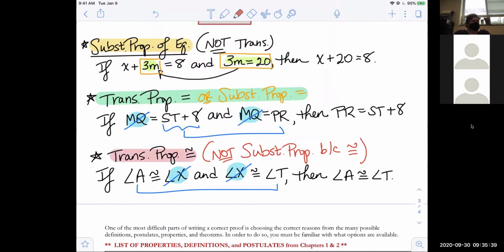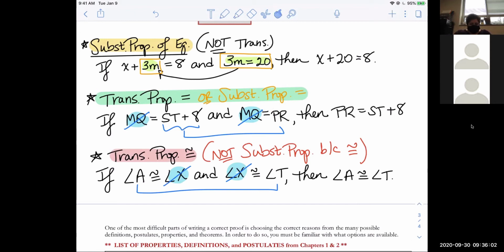Transitive property of congruence and nothing else. Okay. So, yes, right. If it's like this, where you've got equal signs and you're wiping out a whole side like that, you could call it either transitive or substitution. But because of the congruence, that one is only transitive.